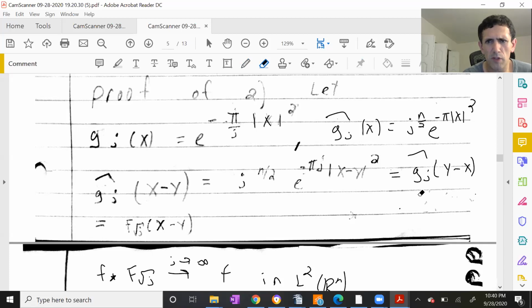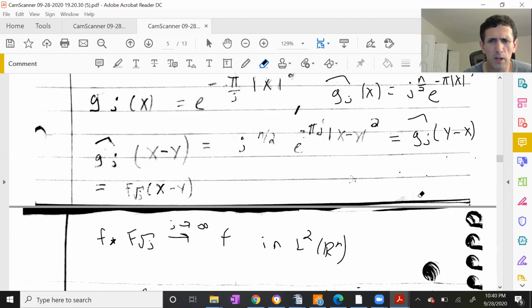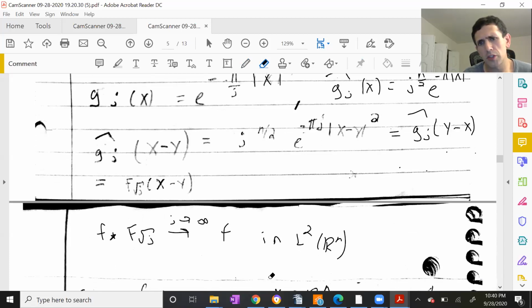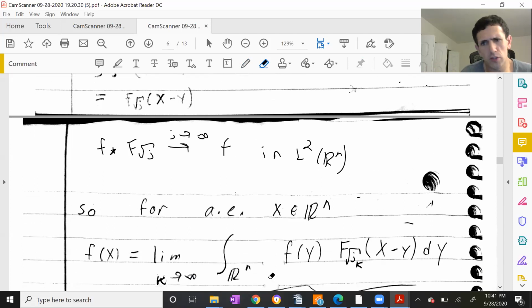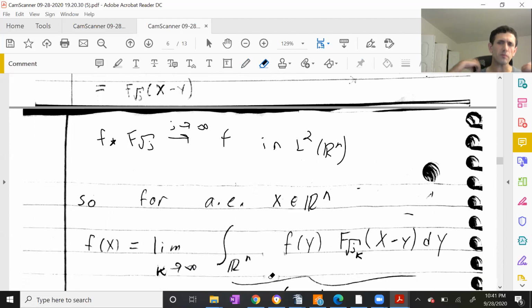Let's actually put all of this to good use. Because we have convergence in L2, we can pick a subsequence converging almost everywhere. So just do exactly that. Actually, as j goes to infinity, we do have almost everywhere convergence thanks to the Lebesgue differentiation theorem. If you don't know what that is, that's fine.